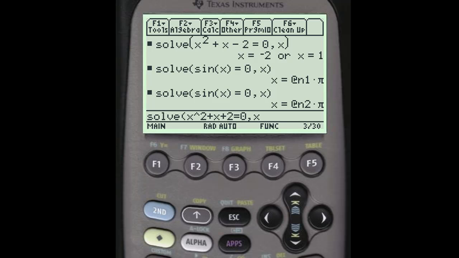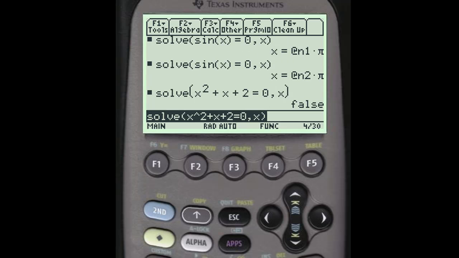Comma, we're solving for x, close parenthesis. Now you notice when we press enter, we get an answer of false. This could mean one of two things. One, there's nothing that solves this equation. Or two, there's no real number that solves this equation. In this case, it's the second, that there's no real number that solves this equation.